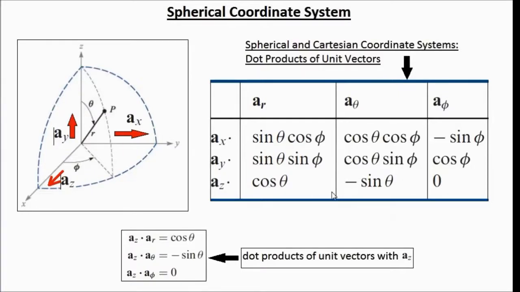So these are the components of the a_z unit vector in the Cartesian system along the unit vectors of the spherical coordinate system. In similar manner, the a_x and a_y components may also be computed, and they are listed here in this table.